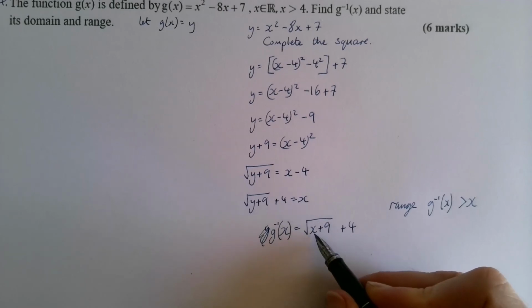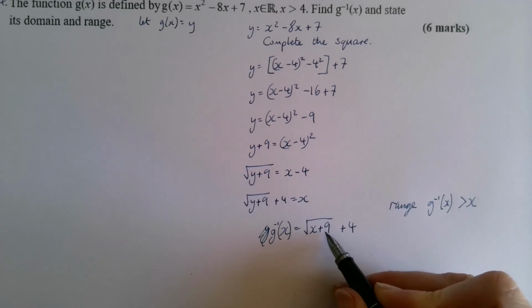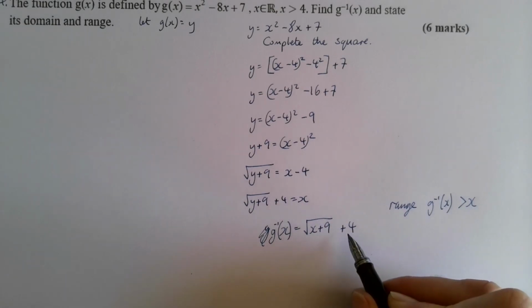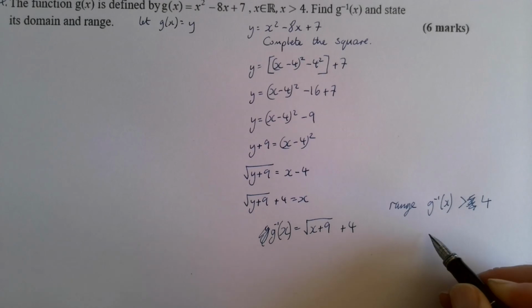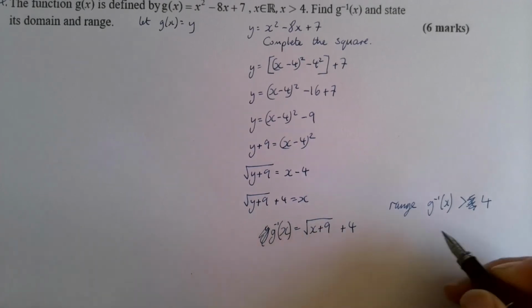And then the domain takes a little bit more thinking about. If you have a value of x smaller than 9, then you're going to end up with this being worth less than 0. Now, as the range is bigger than 4, we can say that won't be 0 either.